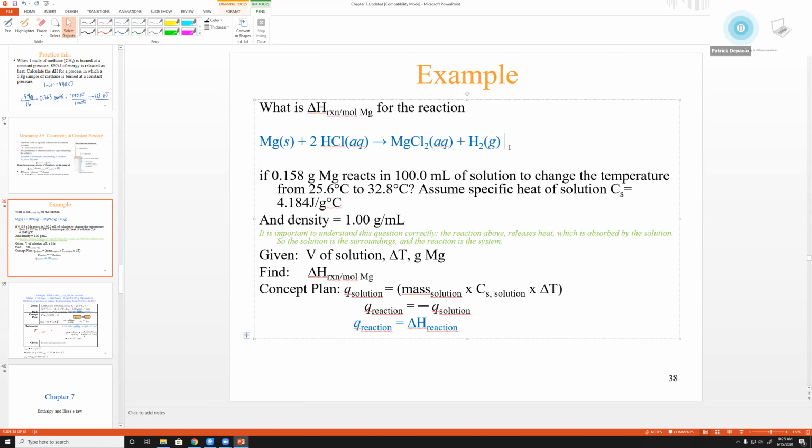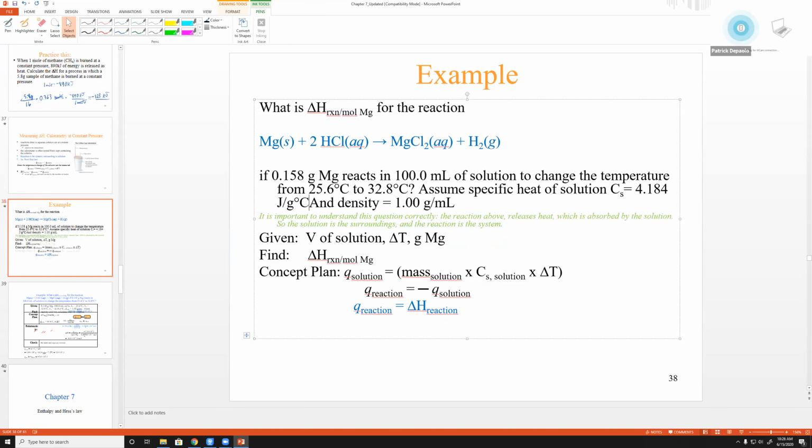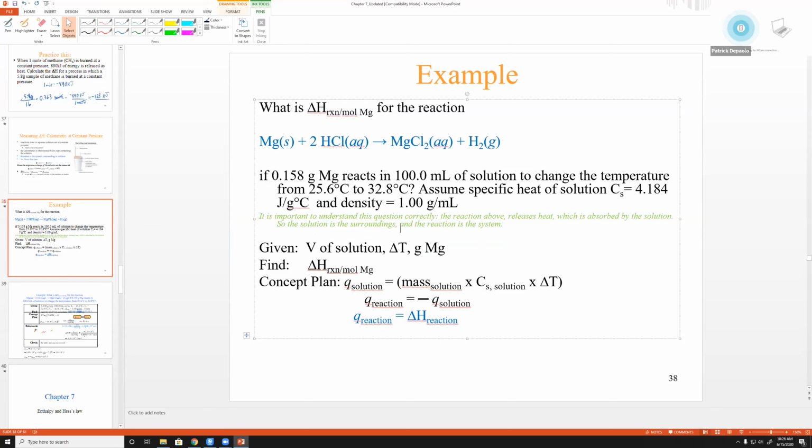This is a single replacement reaction. If 0.158 grams of magnesium reacts in 100 milliliters of solution to change the temperature from 25 to 32, assume the specific heat capacity of water is 4.184 joules, and the density of water is 1 gram per milliliter.